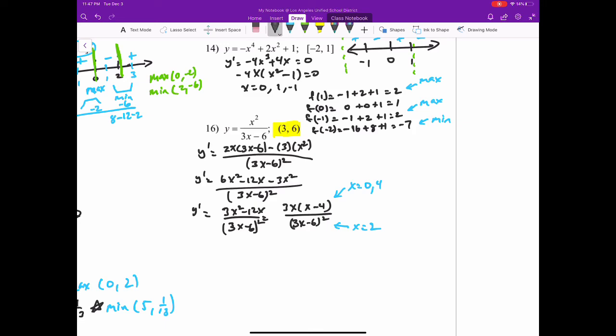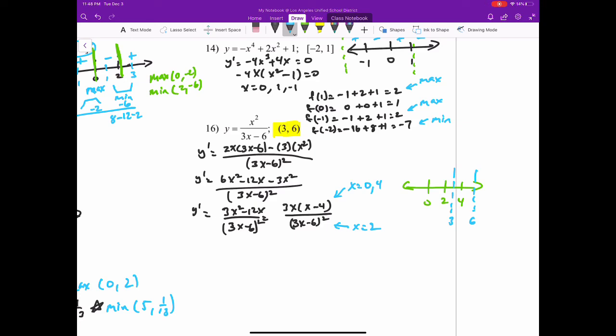So let's draw my number line. We're at 0, 2 and 4. Let's also pay attention to my boundary points. I really only have to check the graph at 3 and 6. So I really don't care about what happens at 0 and 2.